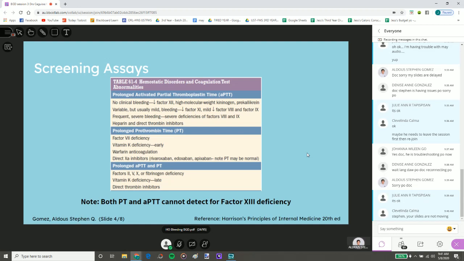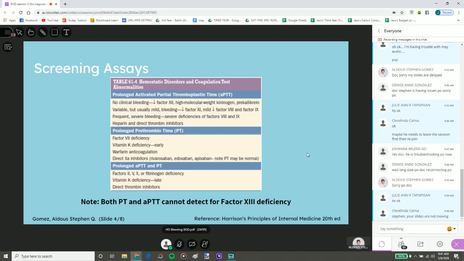So for prolonged PT, we have the factor 7 deficiency and early vitamin K deficiency. So for vitamin K deficiency, we see that prolonged PT first because as we know, factor 7 is a vitamin K dependent factor along with factors 2, 9 and 10.